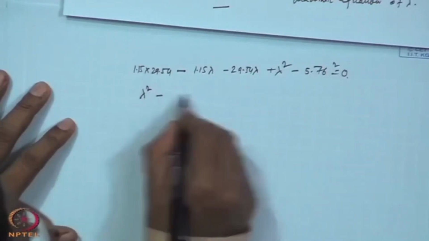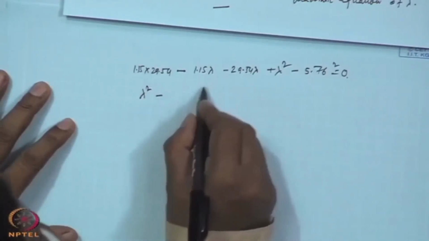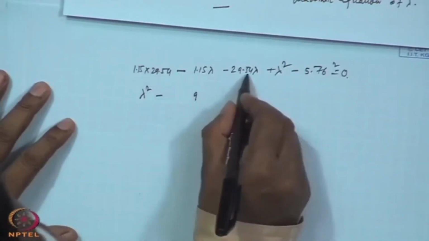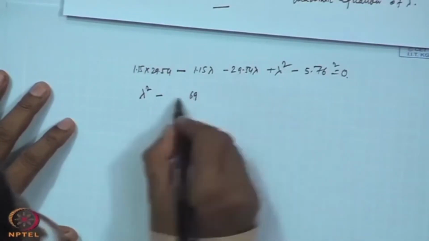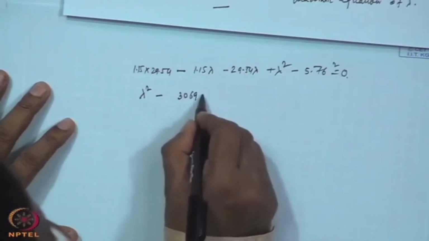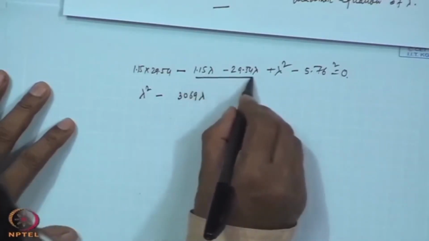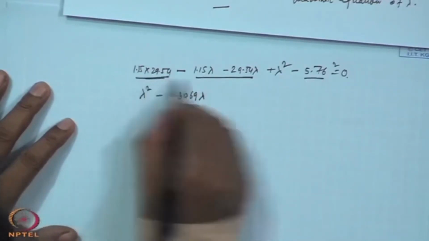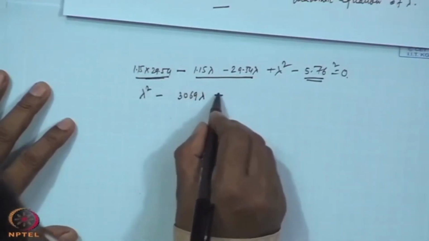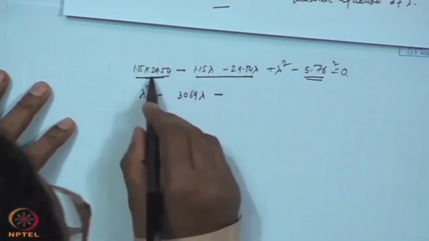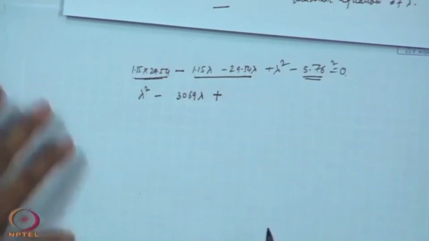So, lambda square minus, you add these two, 30.69 lambda, then you will be getting some positive value.